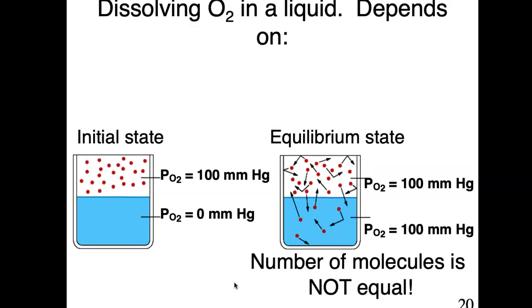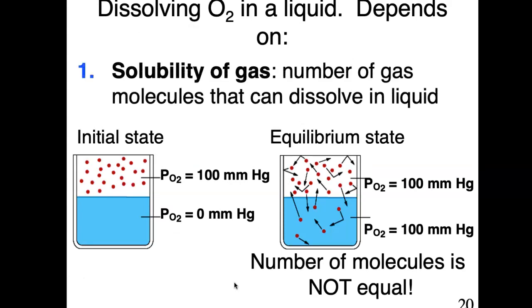So these diagrams are very helpful. The first item that I said to you is the solubility of the gas, right? So let's go to that. The number of gas molecules that can dissolve in the liquid is what's going to define the solubility of that gas. So look on the left here.